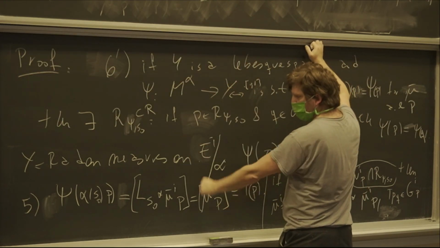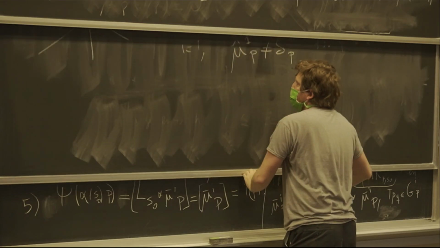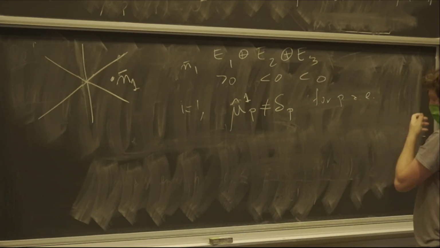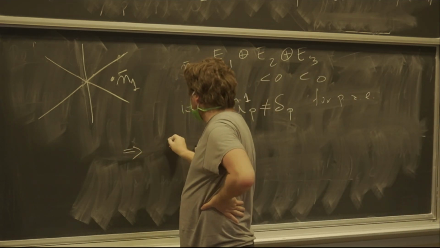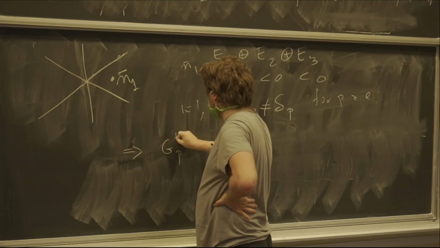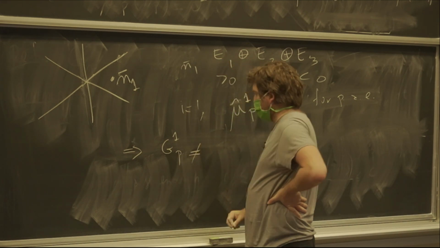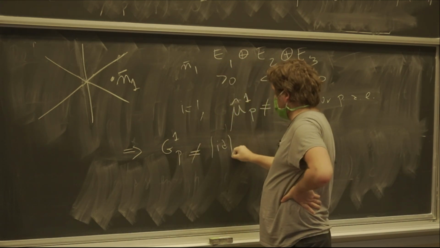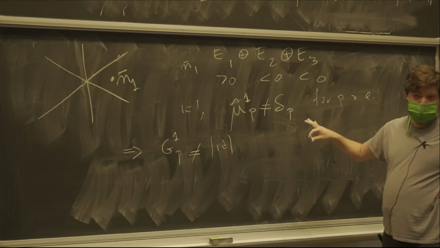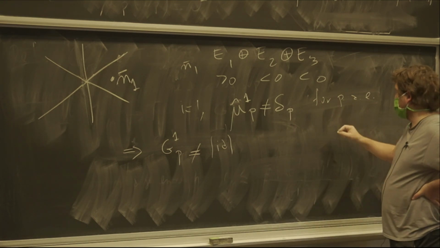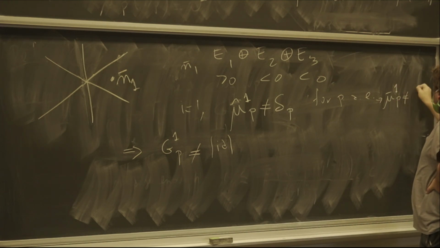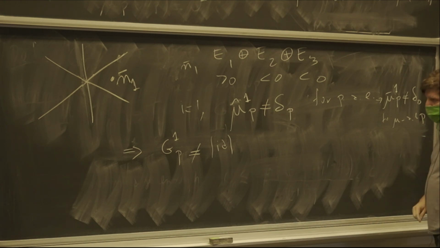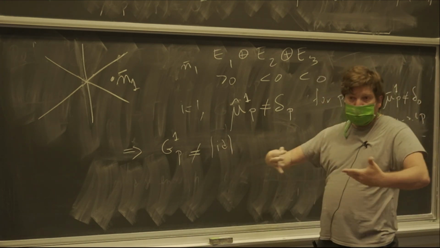Yes, the lemma whose proof was that. Because this fact implies that G1p is different from identity, because the orbit is not just 0, it's someone else. So this implies mu bar 1p is different from delta 0 for mu almost every p. And in particular, this cannot be just 0. You need to have some orbit.